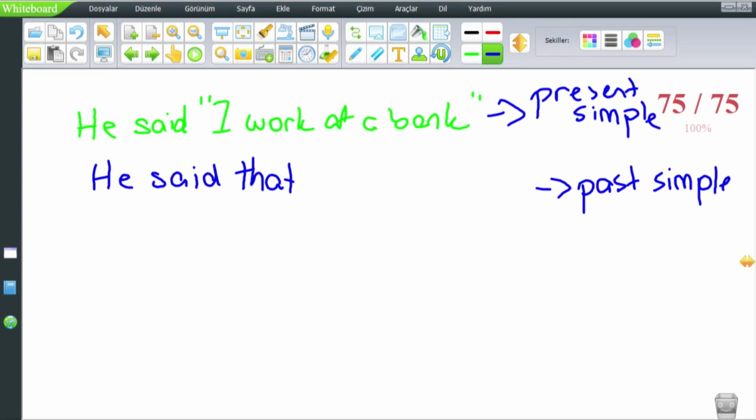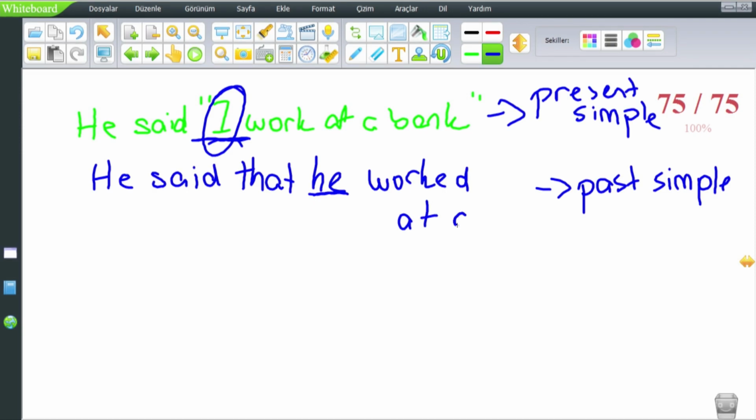He said that. Why did I use he? I have to pay attention to what pronouns I am using in reported speech because I am delivering someone else's words and I am retelling them. So I have to be careful with using and turning pronouns. He said that he worked at a bank. And I did the sentence past simple.